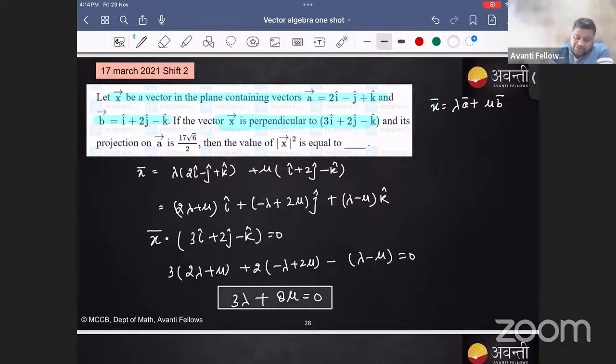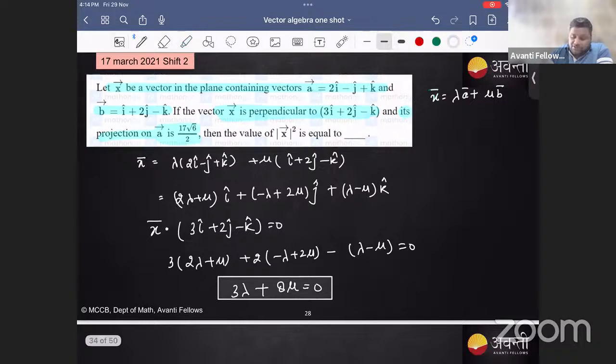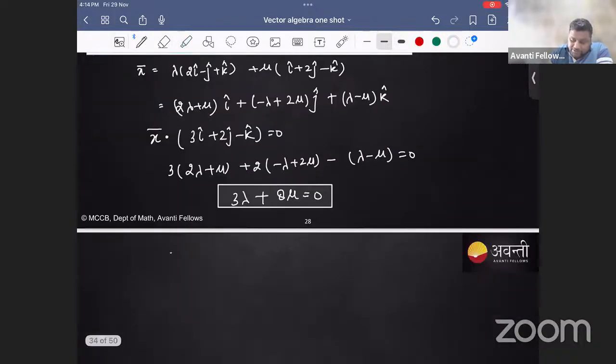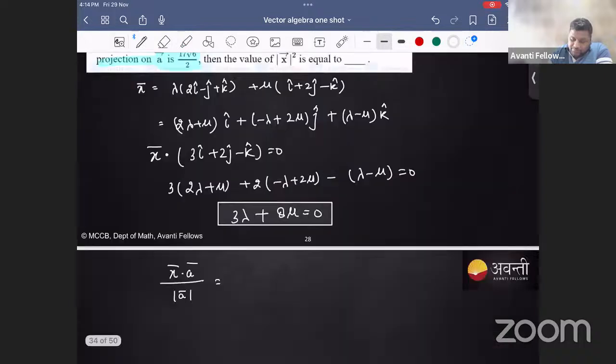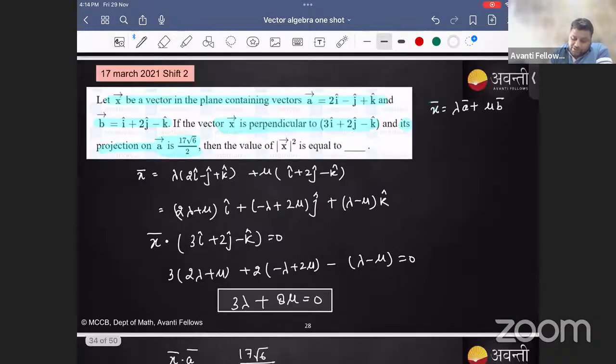Now, the second condition is that the projection of x on vector A is 17 root 6 by 2. So the projection of x on A is x dot a upon magnitude of a. This is the projection of a vector on another vector, and it is given as 17 root 6 upon 2. So what is x dot a?